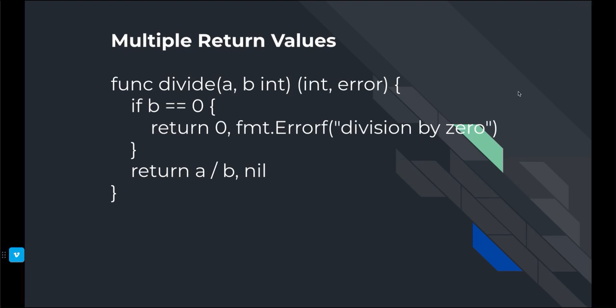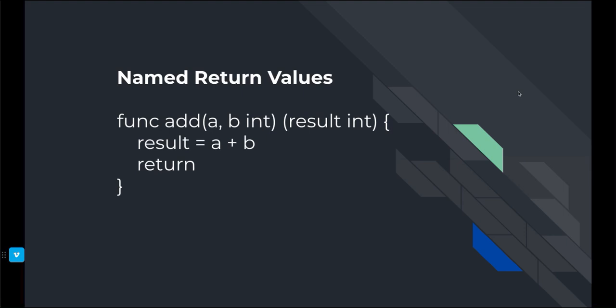Next, let's go on to the named return value. In Go, you can also name your return values. This can make your code more readable in certain cases. Here is how we do it. This add function demonstrates the named return value in Go. Result int is declared as a return value when defining the function. This means result is automatically available as a variable inside the function.